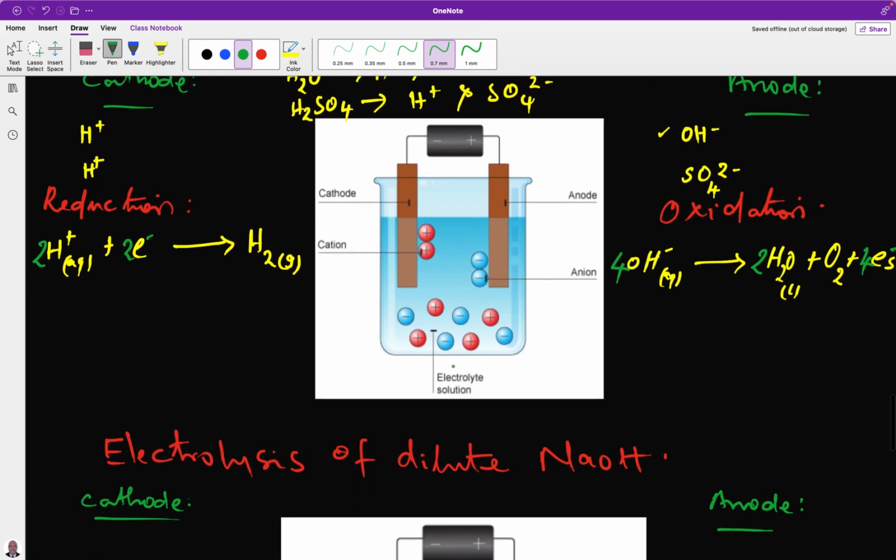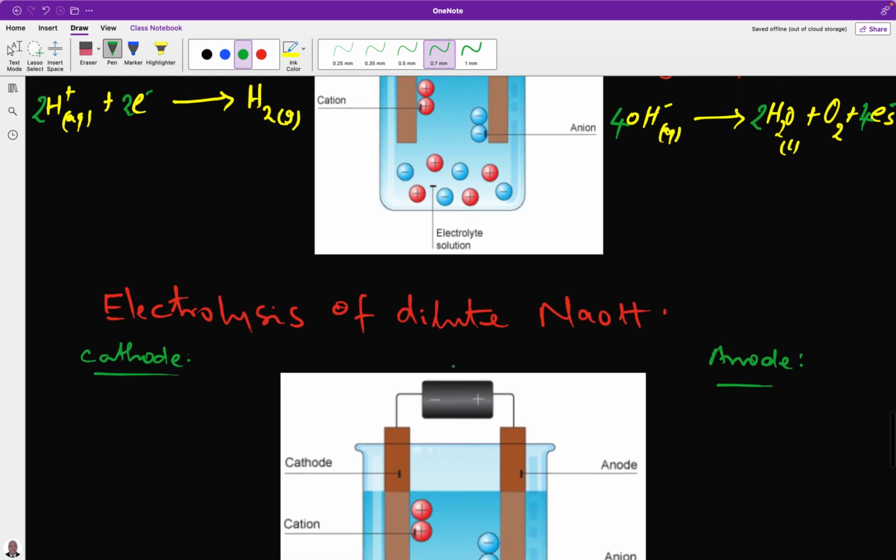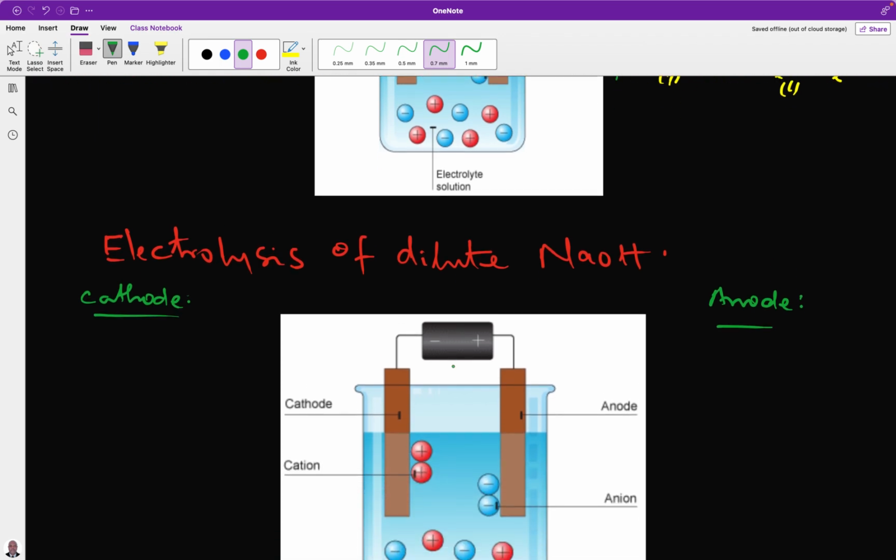Okay. It takes us to electrolysis of dilute sodium hydroxide. What happens with electrolysis of dilute sodium hydroxide? Or they can say electrolysis of aqueous sodium hydroxide. Here we have sodium hydroxide. It is dilute. Water is involved.